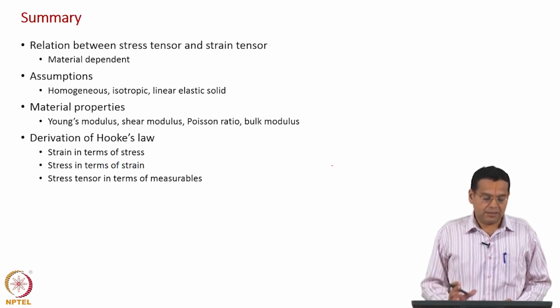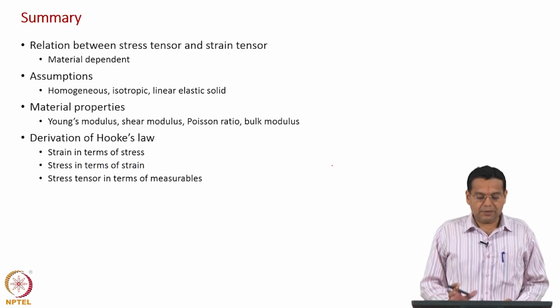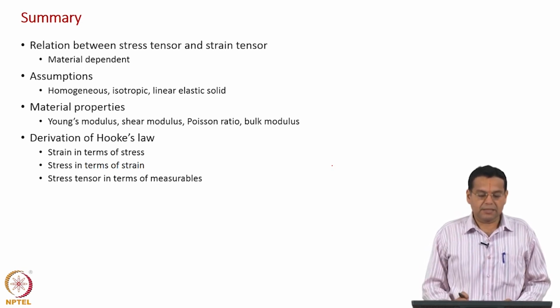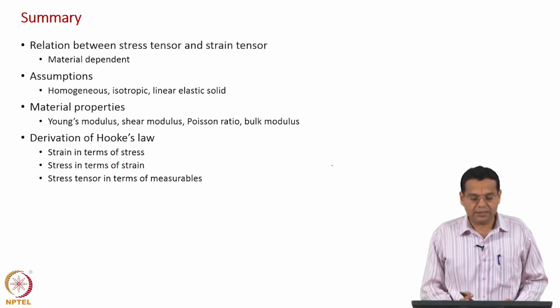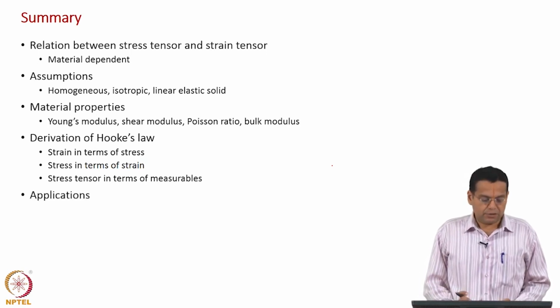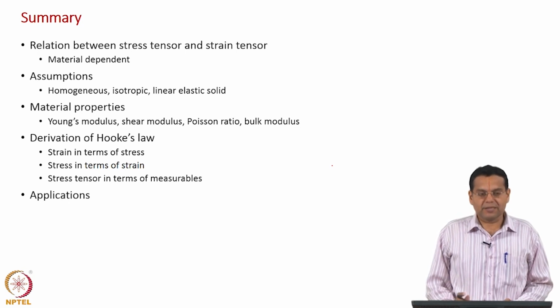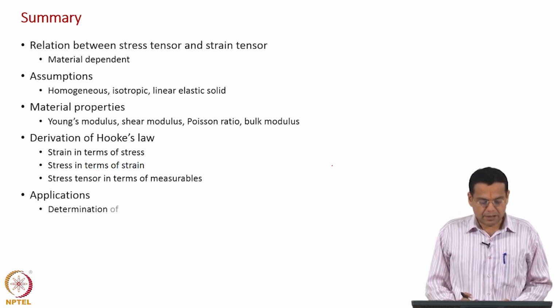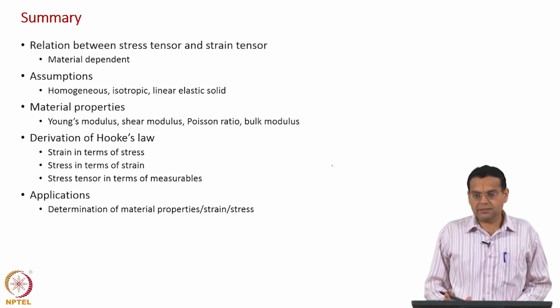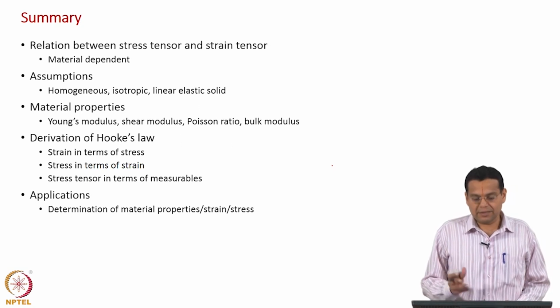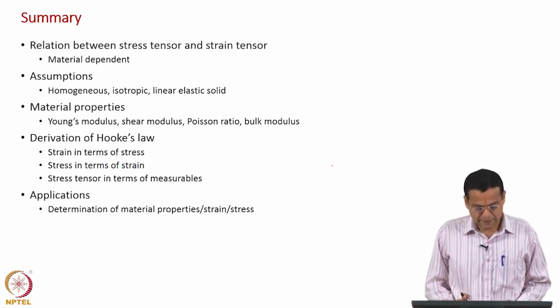That is a major objective and achievement of what we have done here, expressing the immeasurable in terms of measurable quantities. Finally we also looked at some very simple applications, in terms of determination of material properties, strain, and stress, using the same set of relationships: something is given, something is not given, and we found out what is not known to us.